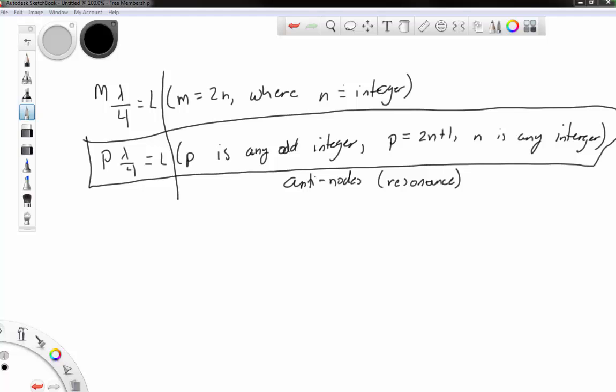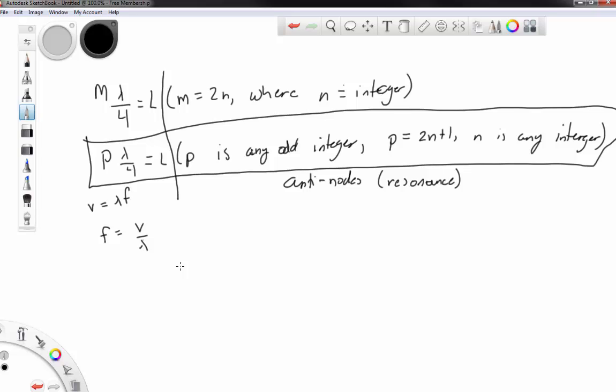Okay, so in order to get the frequency, we have to remember that frequency is equal to the speed over the wavelength. That's just a way of rearranging that speed is wavelength times frequency. So the shortest frequency is going to yield the longest wavelength. And the question is, what is the minimum frequency to get a loud resonance?